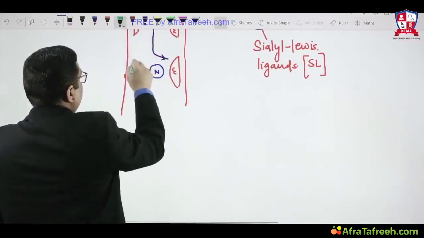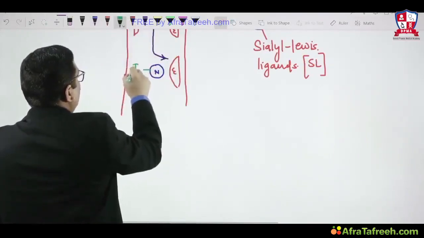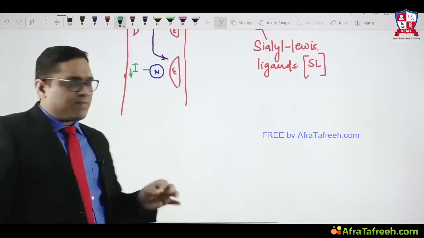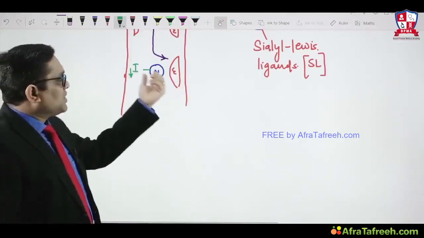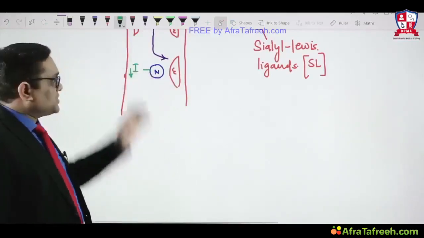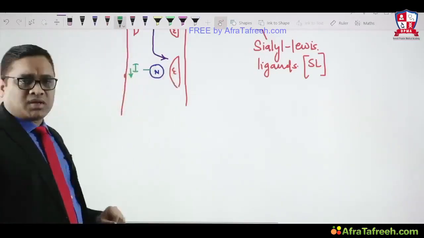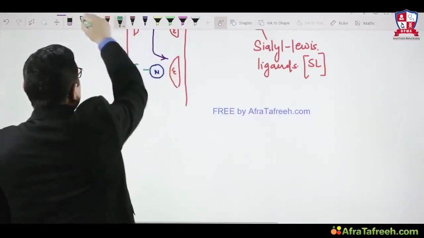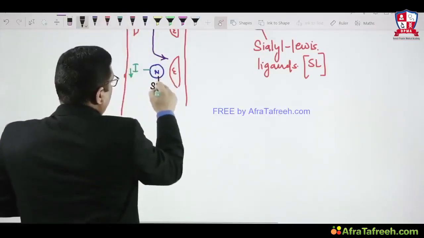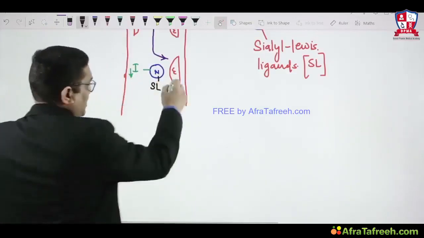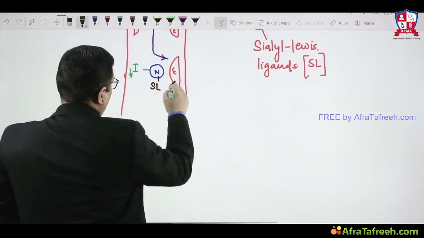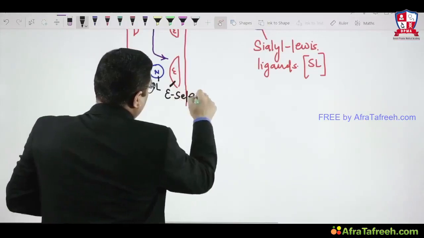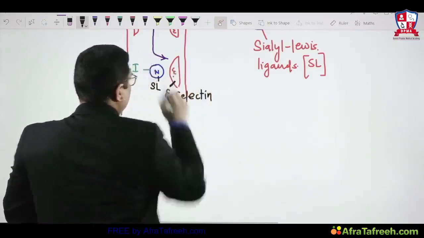During inflammation, when this neutrophil is coming towards the endothelium, here integrin is under low affinity. So I am just writing a downward arrow, which means low affinity. So when they are closing near the endothelium, coming to the periphery, this integrin is still inactive, meaning low affinity. But the sialyl Lewis ligand will combine with another adhesion molecule called E-selectin, present on the endothelium.